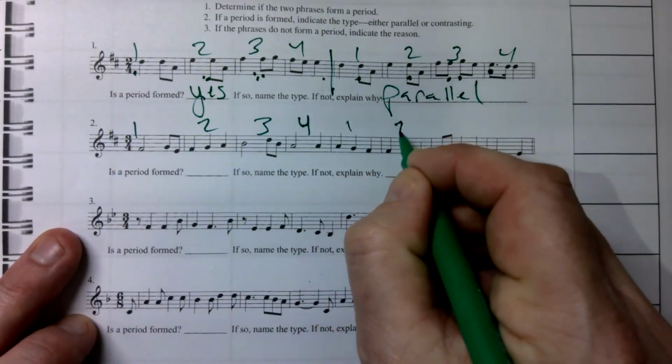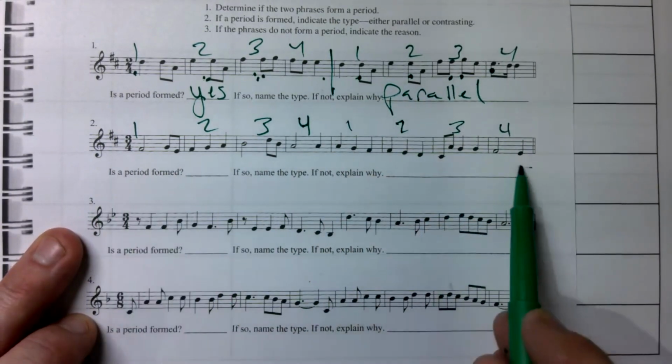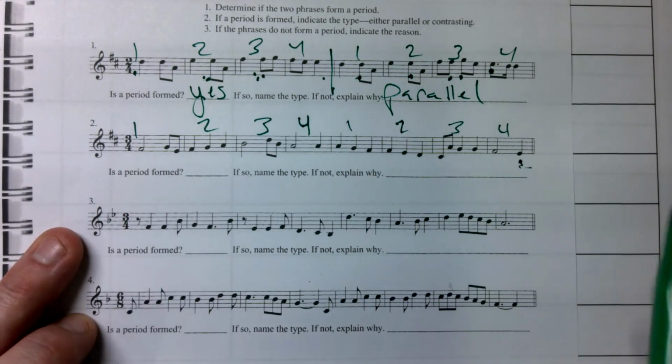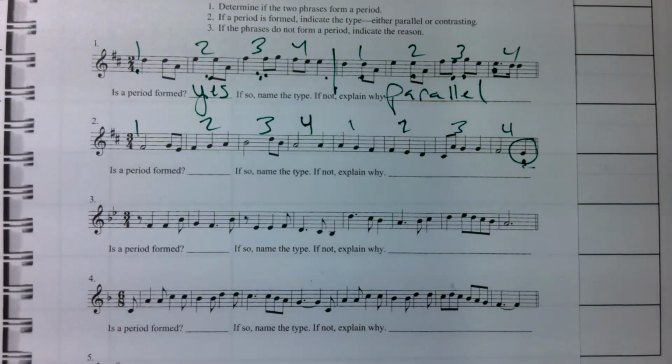And so when we think about cadences, we're going to go to the very end of the phrase. When I circle the last note, that note must be harmonized with a chord, okay? Harmonized with a chord.